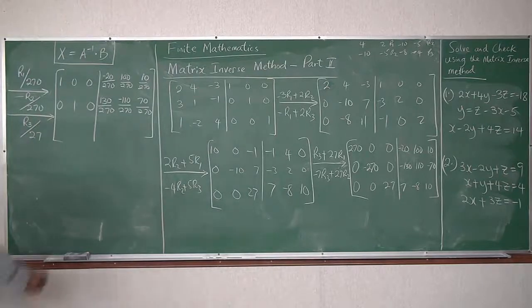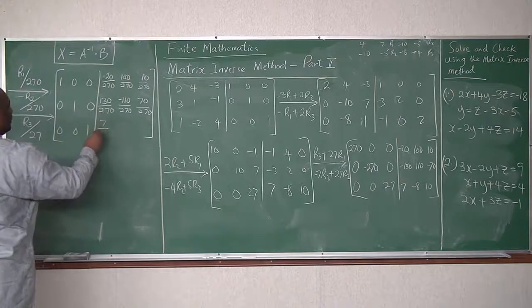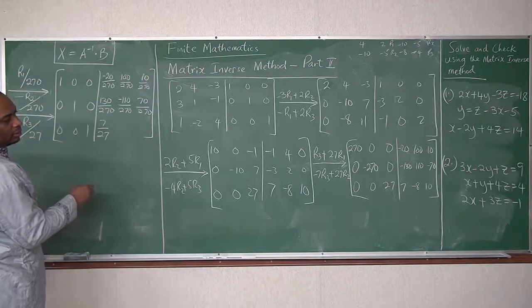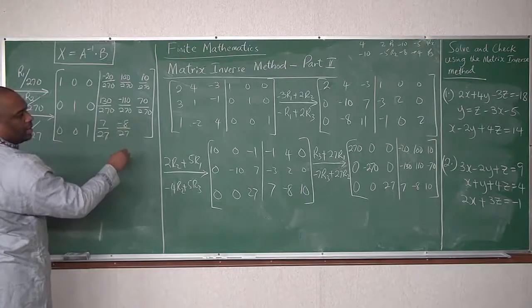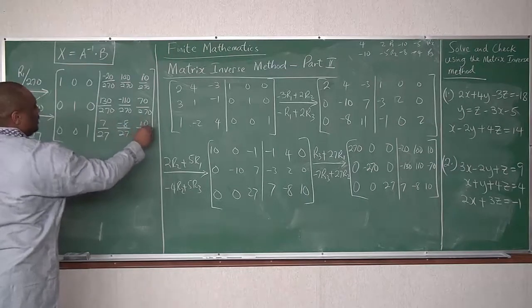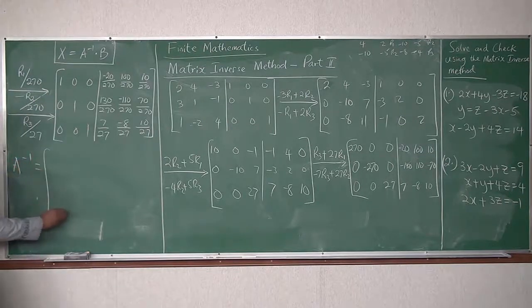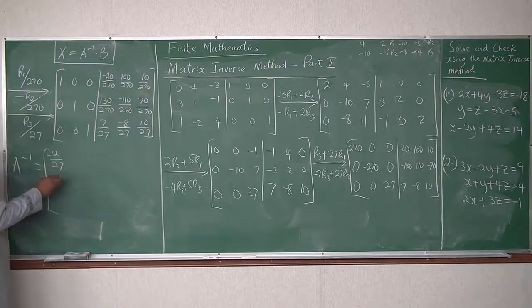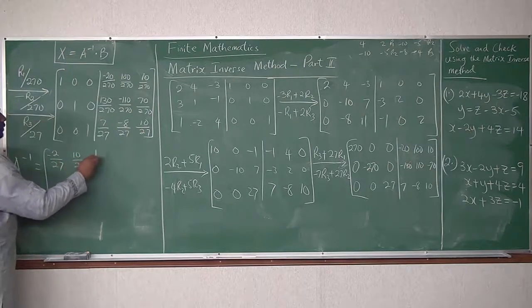Then the row 3, we have 0, 0, 1, 7 over 27, negative 8 over 27, and then 10 over 27. This is what we got here. This is our A inverse. We have that our A inverse will now be, let's simplify this. This is negative 2 over 27. This is 10 over 27. This is 1 over 27.